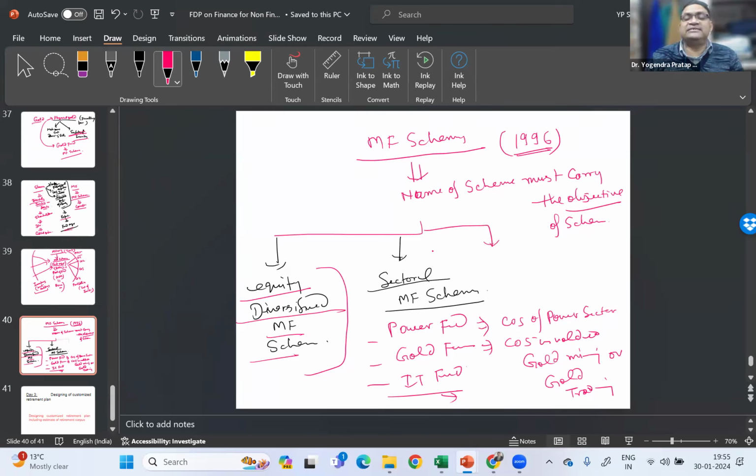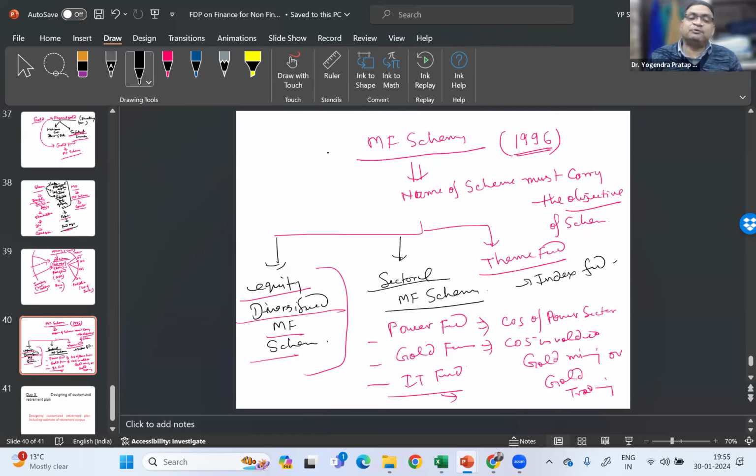The third major category is theme based. For example, index fund. So these are the typical mutual fund schemes which we know, which we used to invest in, right?